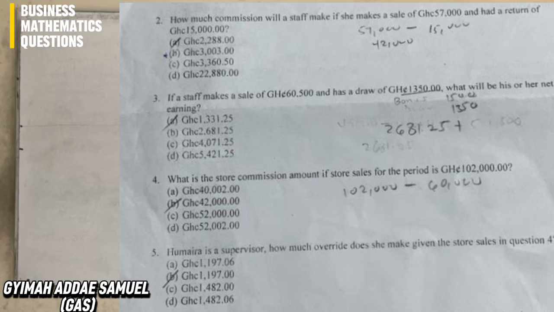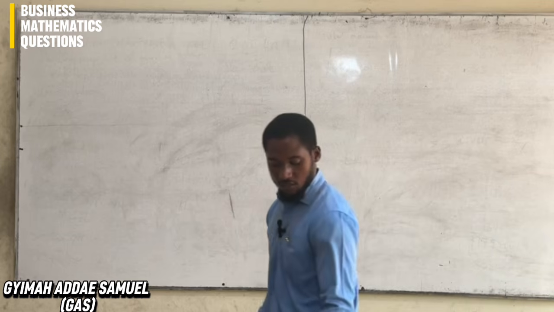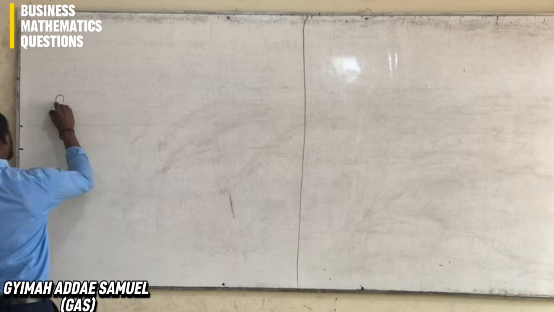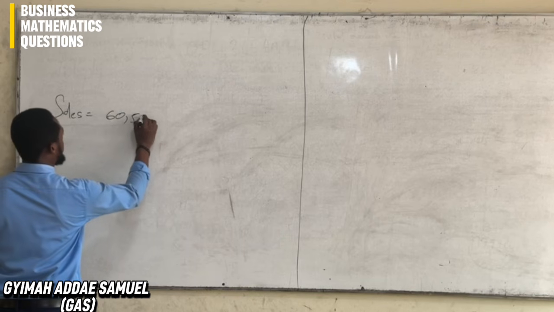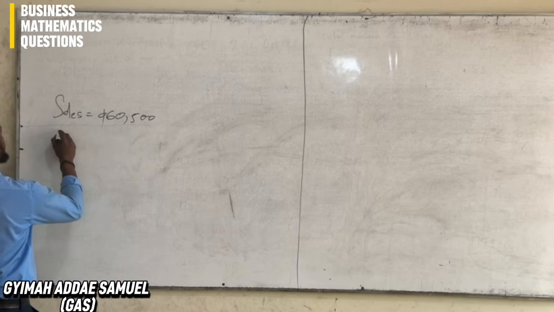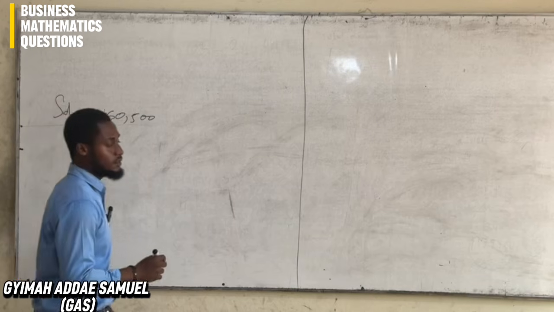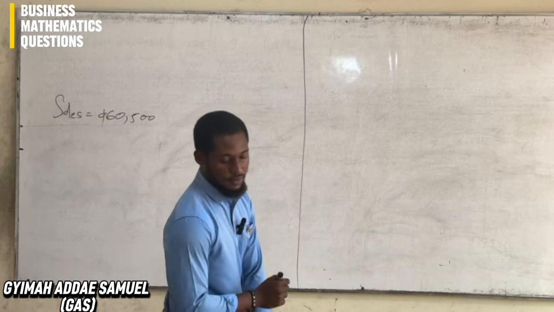It says if a staff makes a sale of 60,500 Ghana cedis and has a draw of 1,350 cedis, what will be his or her net earning? So, with this, the sales given in the question is 60,500.